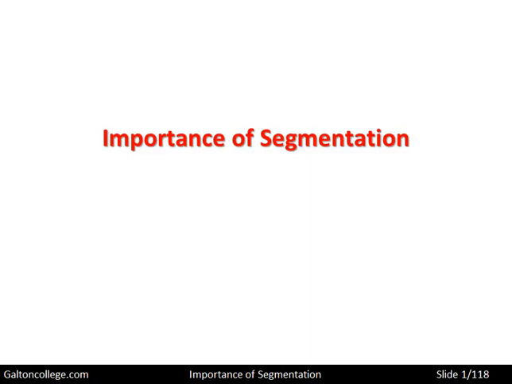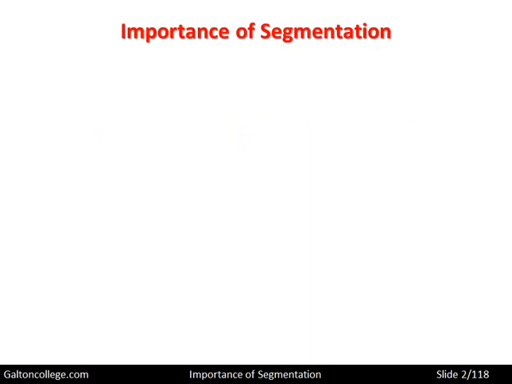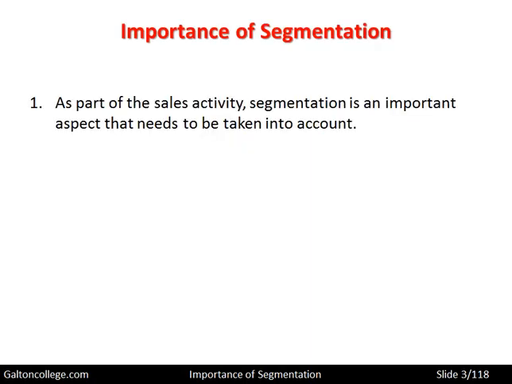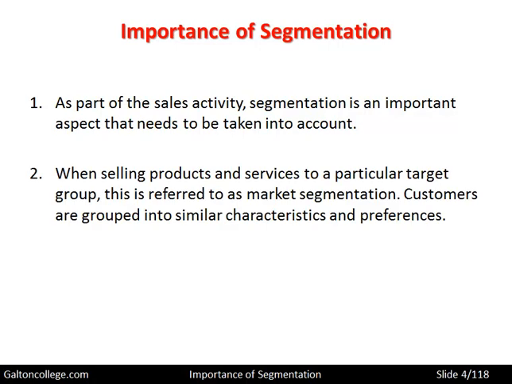So let's start. We want to look at the importance of segmentation. As a part of the sales activity, segmentation is an important aspect that needs to be taken into account. When selling products and services to a particular target group, this is referred to as market segmentation.